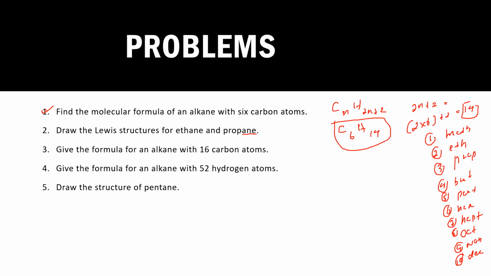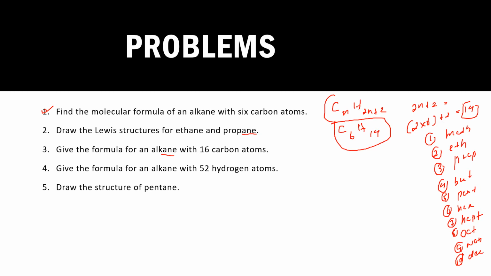So here this 6 means heptane, because it satisfies this equation. Now they are asking, give the formula for an alkane with 16 carbon atoms. Okay, it is an alkane, so we know there are no double or triple bonds.